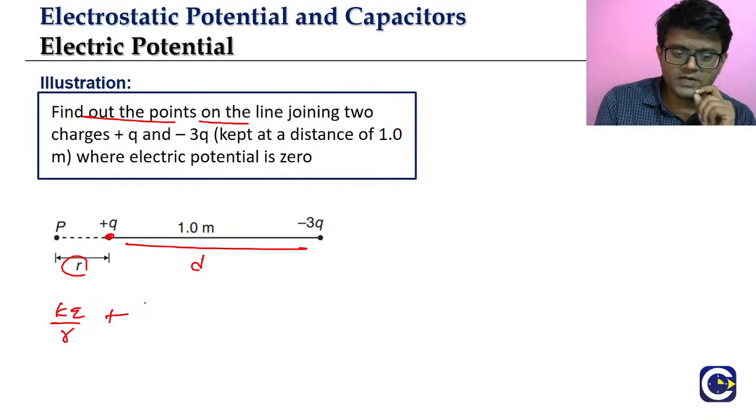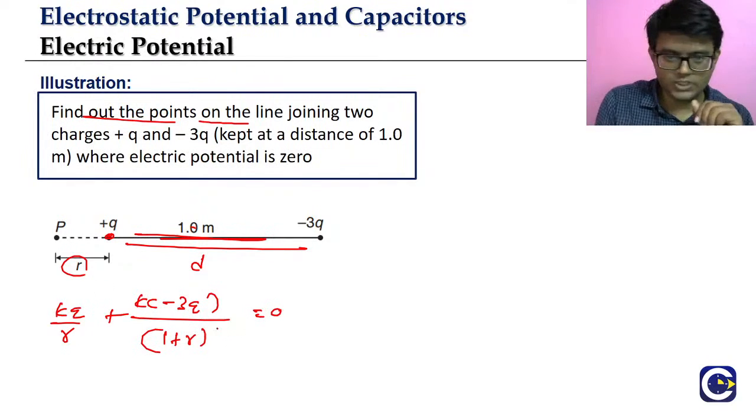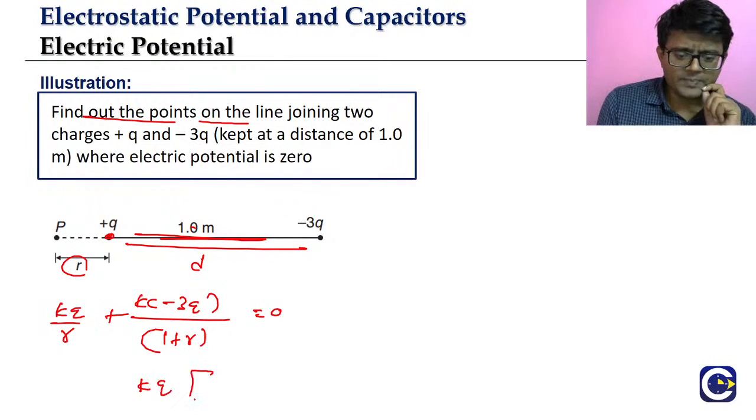The potential because of minus 3q is k into minus 3q by, D is 1, so 1 plus r. Totally it should add up to 0. Here we can take k into q common.